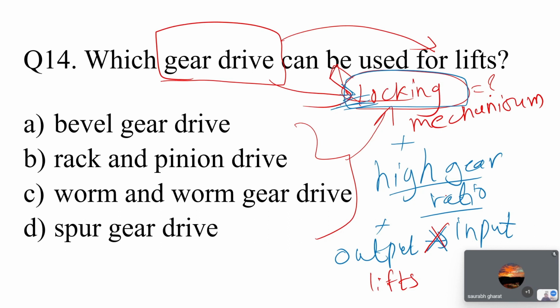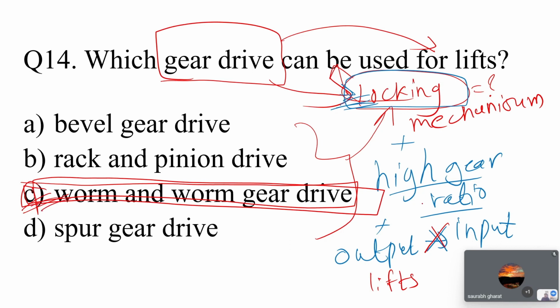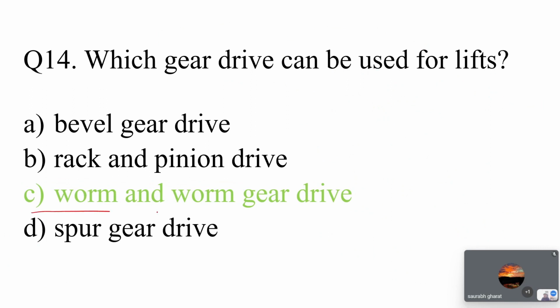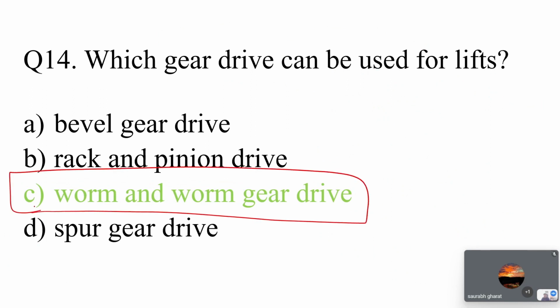Again, high gear ratio, and output to input transfer should not be there. Only worm and worm gear will have such a condition. Such a condition will be satisfied by the worm gear drive. So high gear ratio, no output to input power transfer, is suitable for your lifts. So the worm and worm gear drive will be the correct answer.